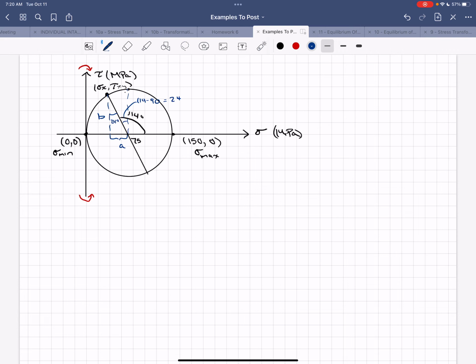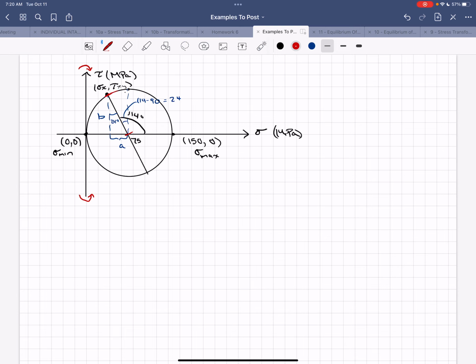So we can find that we know R, which is this distance.